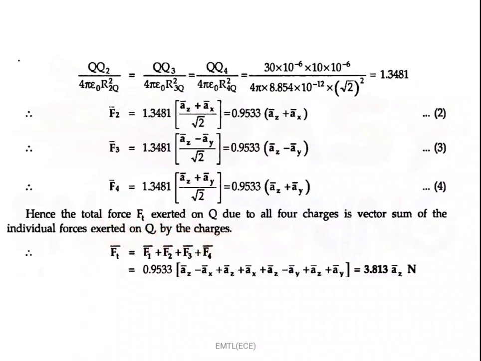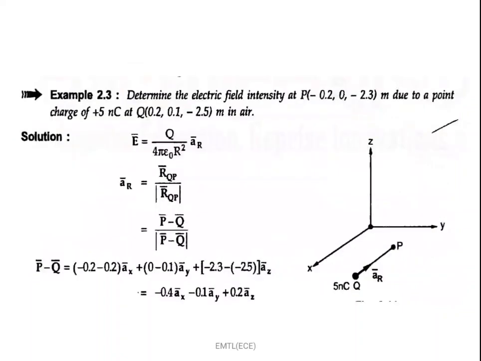Now the total force on Q due to all charges is simply the sum of the individual forces exerted on Q by the charges, that means F1 plus F2 plus F3 plus F4. By substituting all the values, finally the force on Q due to all 4 charges is 3.813 Az bar newtons. And this is the next problem.